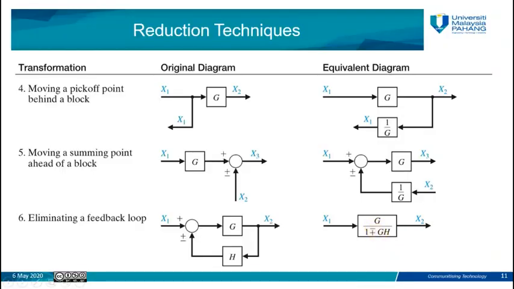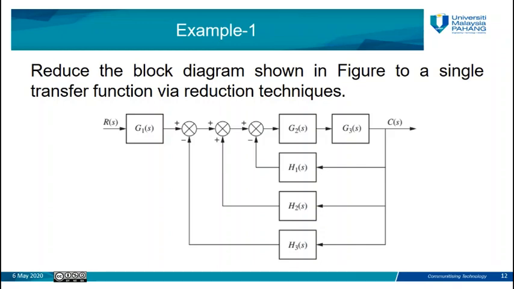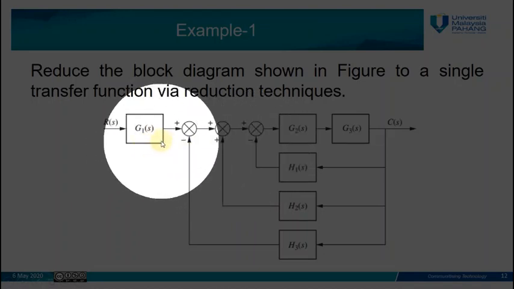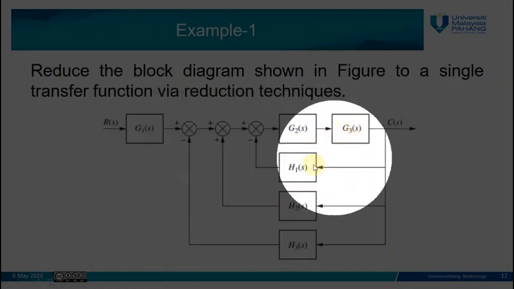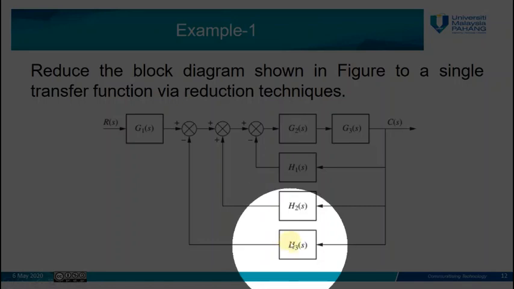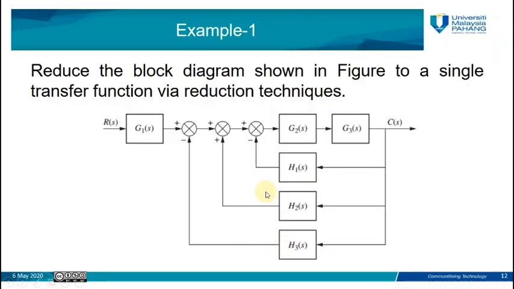In order to understand and apply these reduction techniques to simplify a block diagram, we have some examples. The first example shows a system which consists of multiple subsystems G1, G2, G3, and some feedback H1, H2, H3. We need to simplify the system to become a single block with a single transfer function.